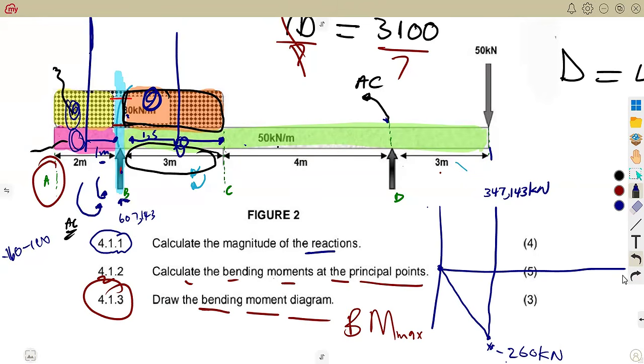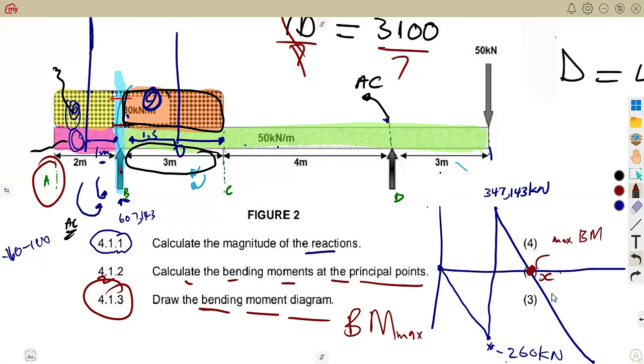You add them, you combine them together, you subtract. So definitely this one, guys, was going to cross like this, go to the negative. Where it crosses here, where we have this distributed and it is crossing like that, that is where we have our maximum bending moment. It is going to occur at that point.